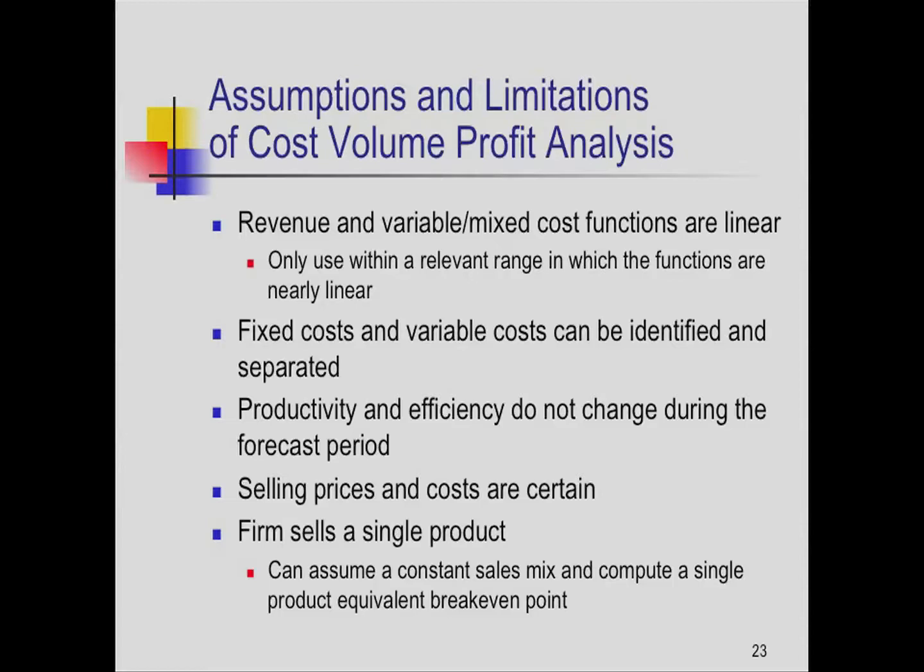So it's very useful for focused manufacturing, for providing a very similar service. A lot of entrepreneurial kinds of businesses are like this. So if you're doing a business plan and you can boil it down to one product or one product mix, then this works. If it gets more complicated than that, then this falls apart. You can use this along with some other things to make estimates, but as a basic analytical tool, it falls apart.